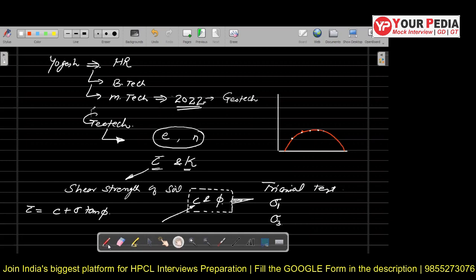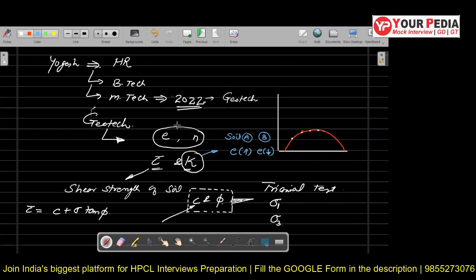Okay, fine. How will you define the permeability? Sir, permeability is defined as the ability of the soil through which water can be transferred. Suppose we have soil A and soil B. Soil A has a higher void ratio, soil B has a lesser void ratio.